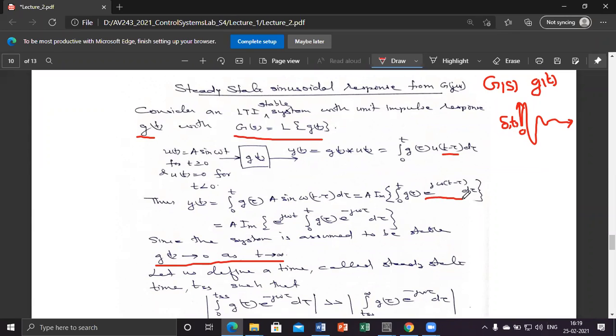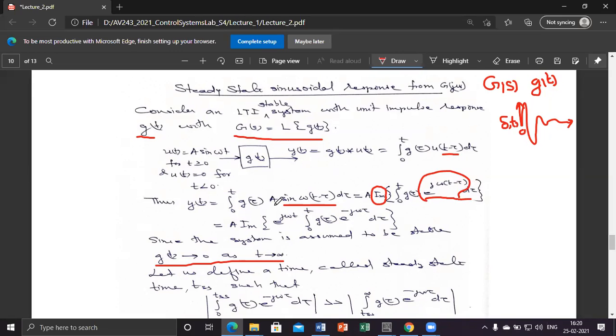You know that e raised to j omega (t minus tau) is equal to cos omega (t minus tau) plus j sin omega (t minus tau). So if you take the imaginary part of e raised to j omega (t minus tau), that is nothing but sin omega (t minus tau). That only I have written. The sin omega (t minus tau) is represented by the imaginary part of e raised to j omega (t minus tau).